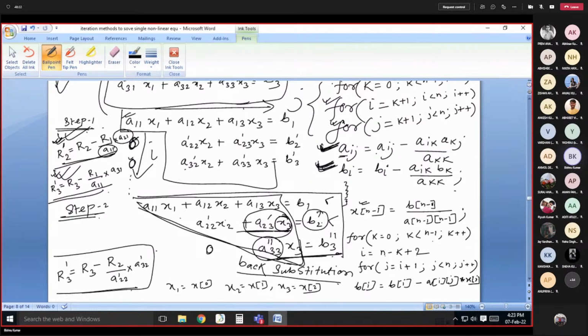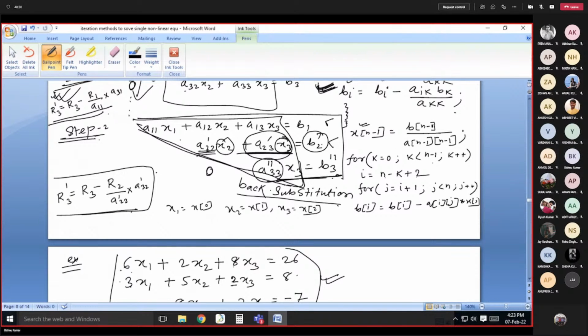After bringing all the terms to the right hand side, bi equals bi minus aij times xj. So the new bi is built. Then that coefficient of this x2 I will divide by, and that will be the new variable. So xi will be bi divided by aii.